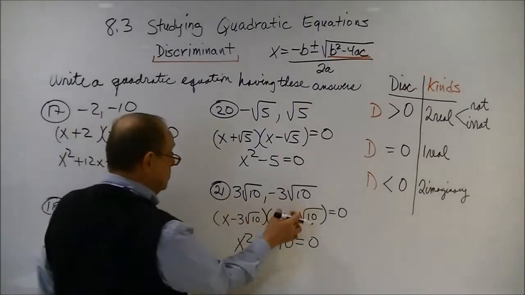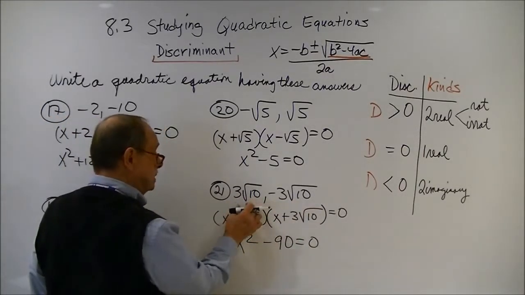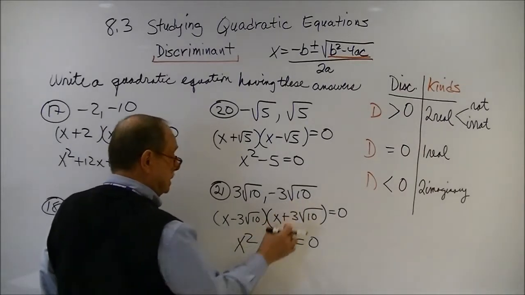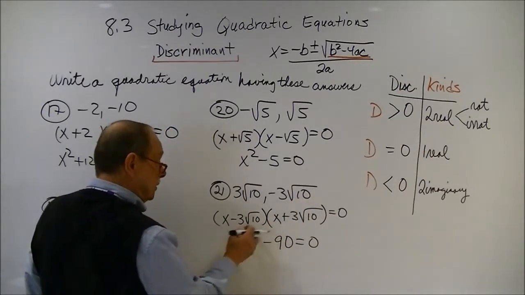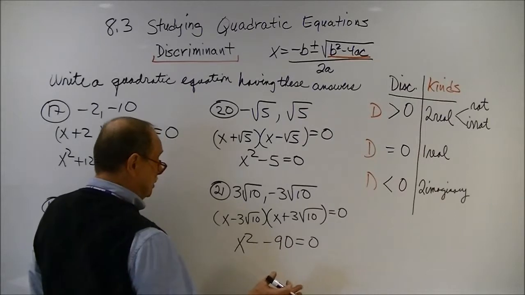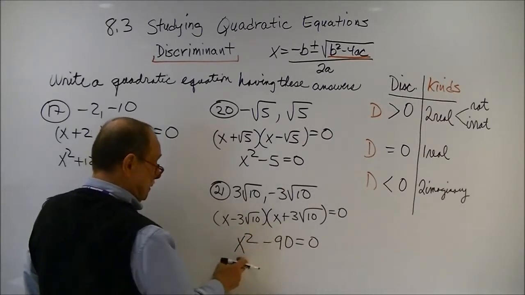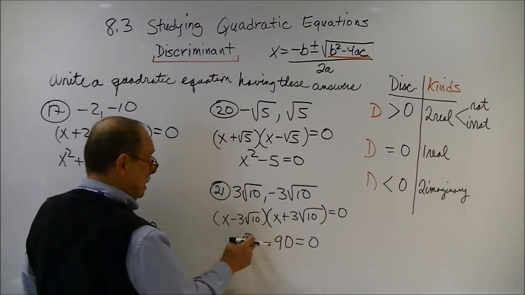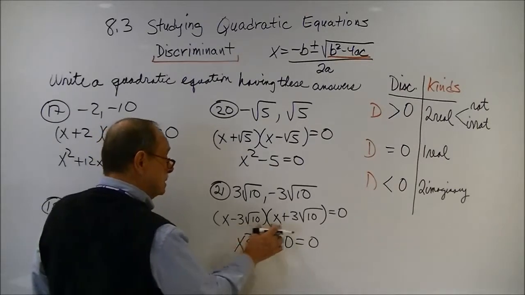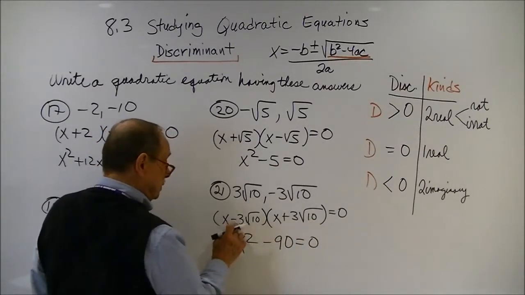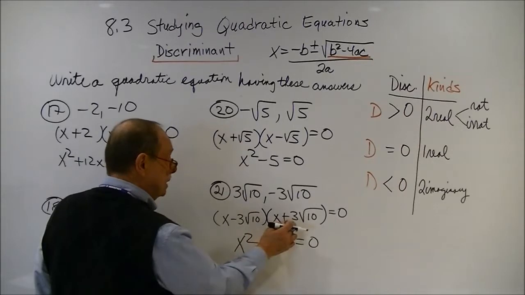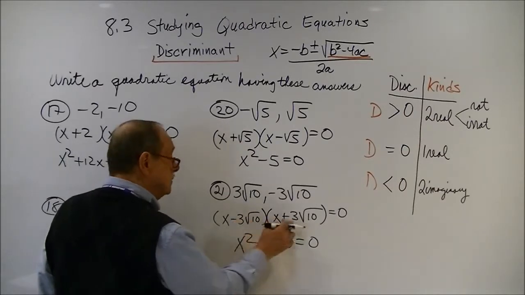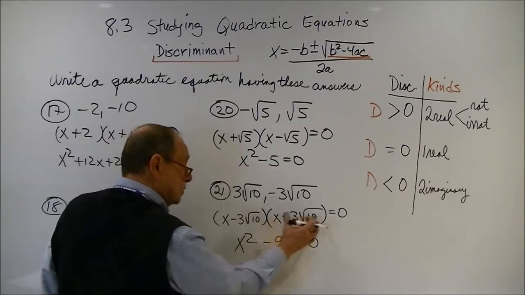And this one the same way, x minus this, x plus this, and these are conjugates, so there's no middle term. We square our first, get x squared, and now we're going to multiply this times this. Well, this will give us a negative 9 square root of 100.